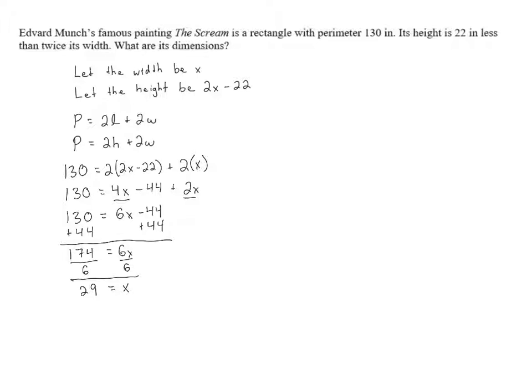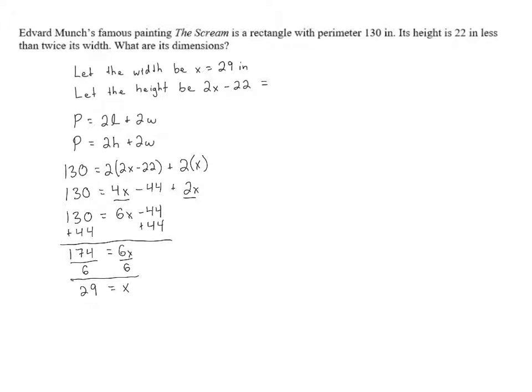Now that we know the value of x, we can go back and plug it into our let statements. We said that the width was x, and this is going to be 29, and everything in this problem is measured in inches, so the width is 29 inches. And then the height is 2x minus 22.